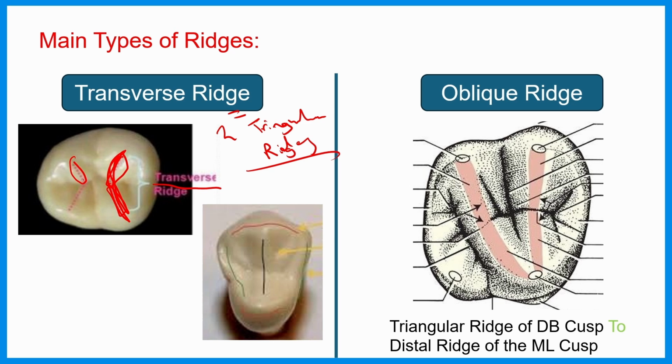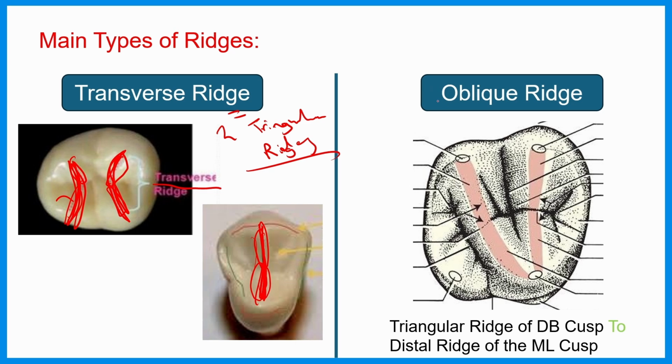Again, same thing here on a molar. And if we look here at a premolar, that's a triangular ridge and that's a triangular ridge. Both of them together are referred to as a transverse ridge.